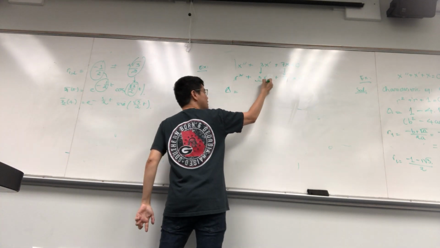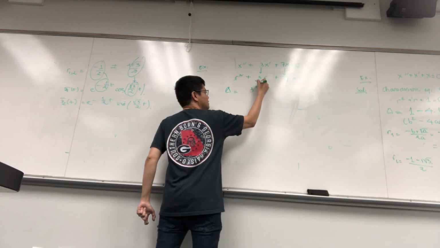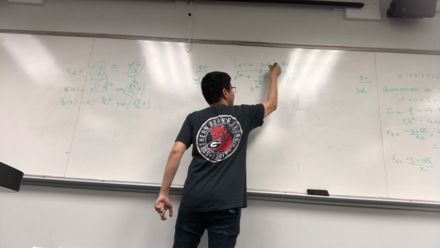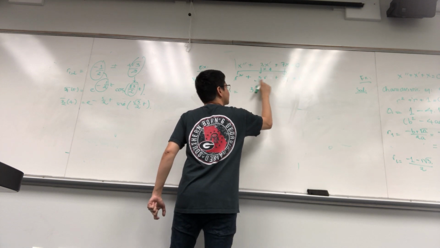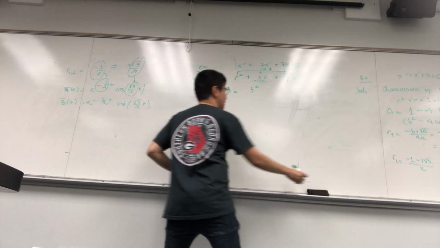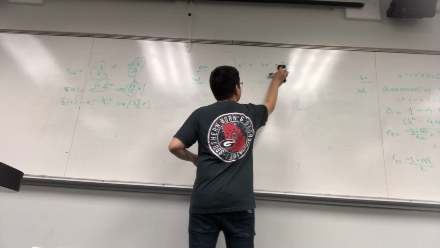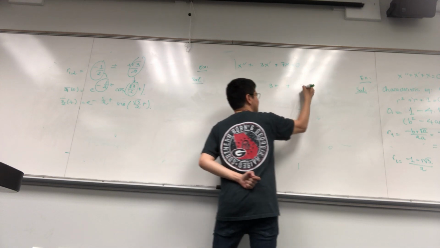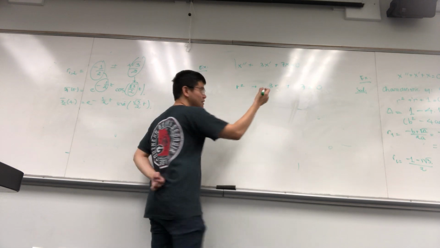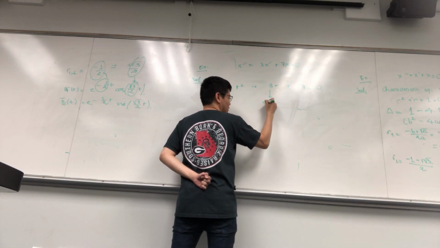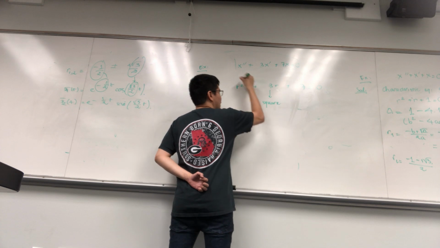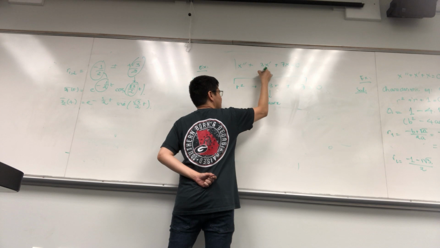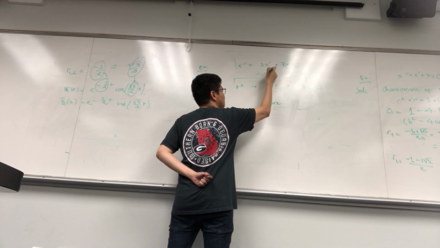You're going to take this square, so you have 3 squared. And you multiply the coefficient of the last and the first one by minus 4 times.